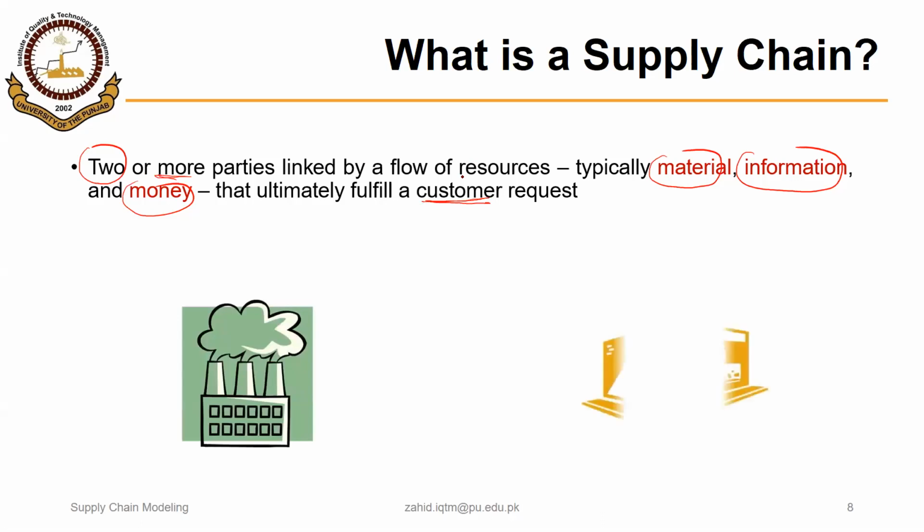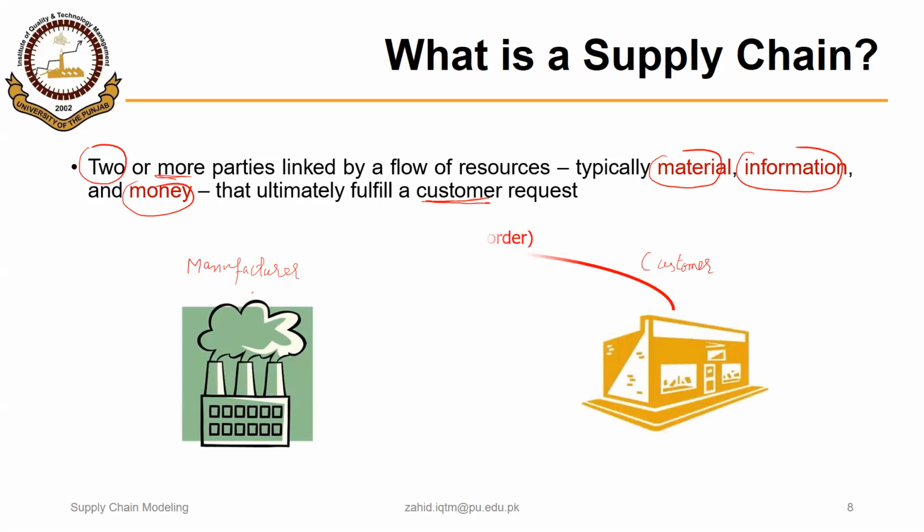So let's take a very simple example. If there are 2 parties, and we call one party, for example, the manufacturer, and the other party, let's suppose, the customer. The flow of information is generally two-way, but commonly it is the customer that actually places the order.